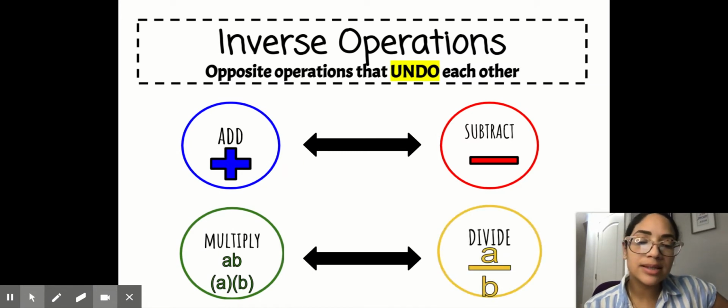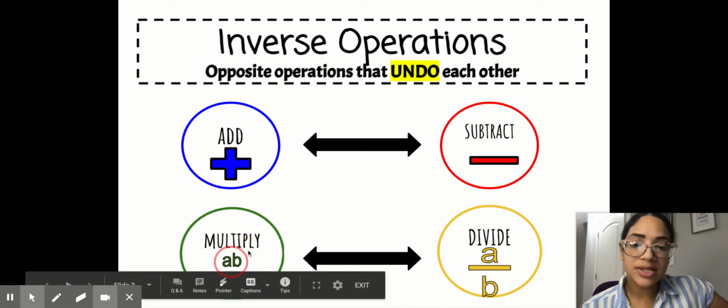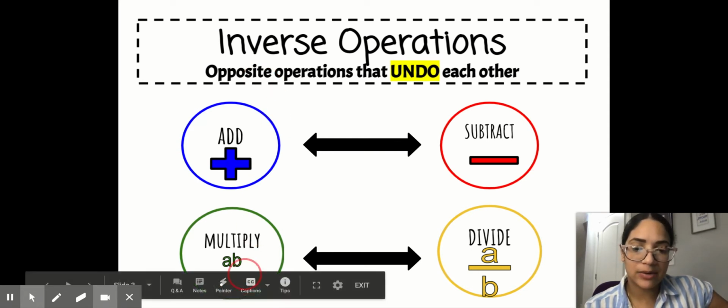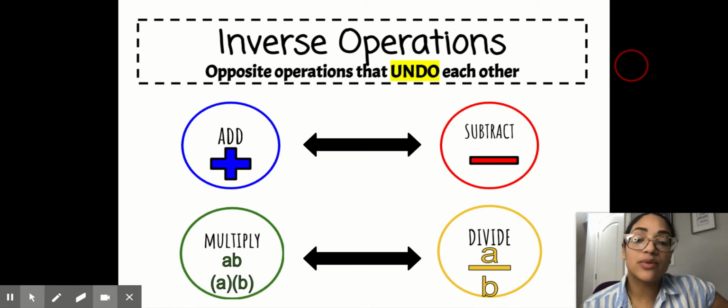Take a look at the green circle where it says multiply. Notice how I have a letter right next to a letter. Whenever you have a letter right next to another letter, that represents multiplication. Notice how under that I have the letter A and the letter B inside parentheses. Parentheses are used to represent multiplication.